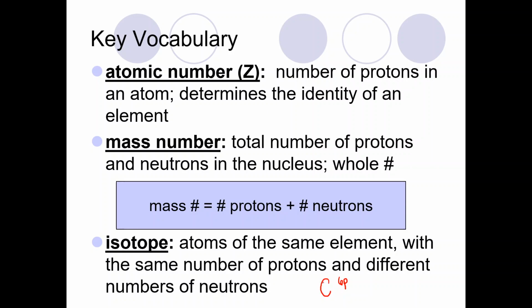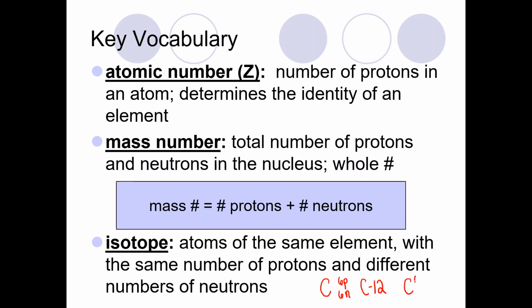Let's say this particular atom of carbon also has 6 neutrons. That would make this isotope of carbon what we call carbon 12. This is the isotope carbon 12. However, there is another isotope of carbon that exists.